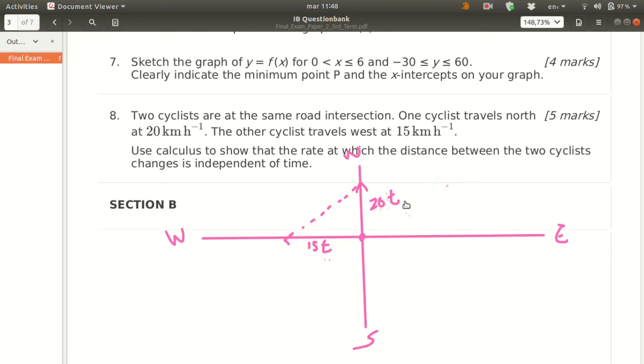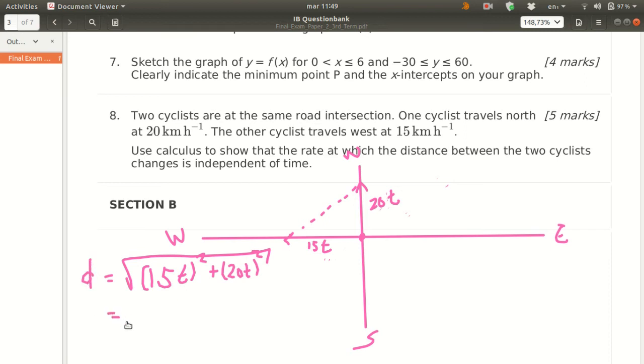So how would I find that distance? The square root of (15t) squared plus (20t) squared is equal to the distance.